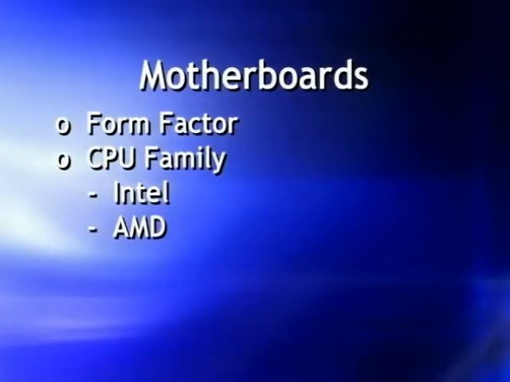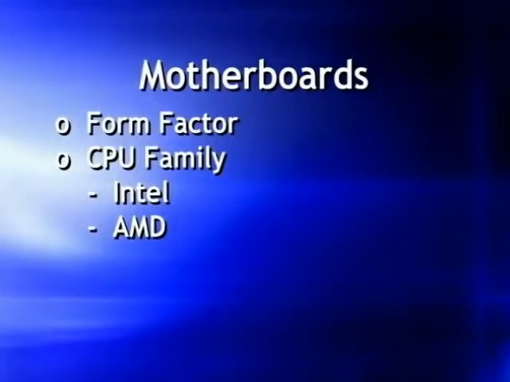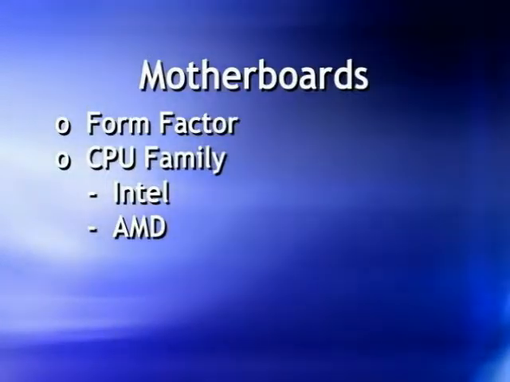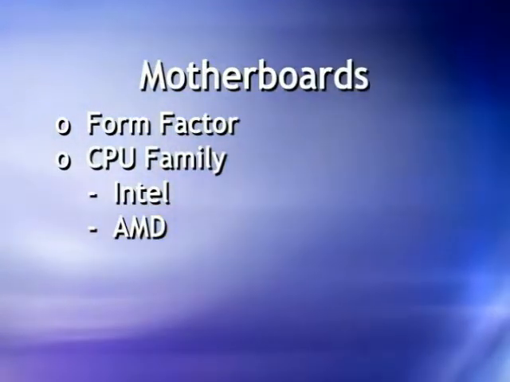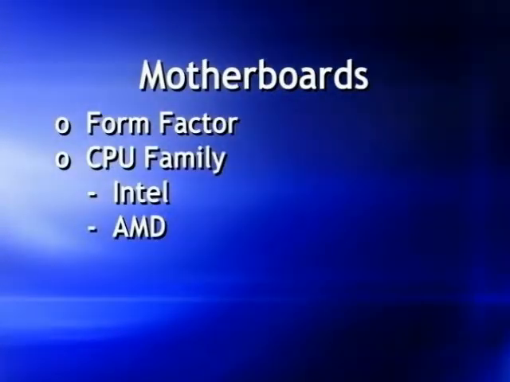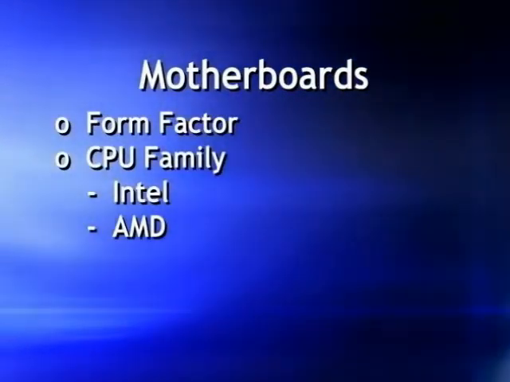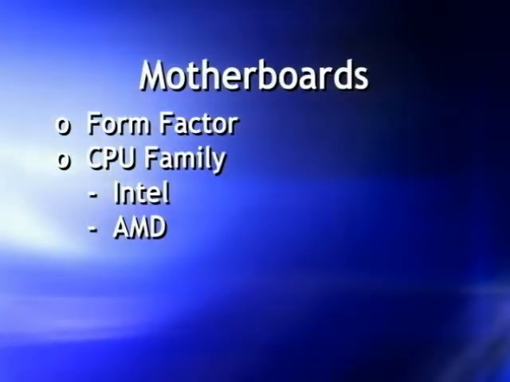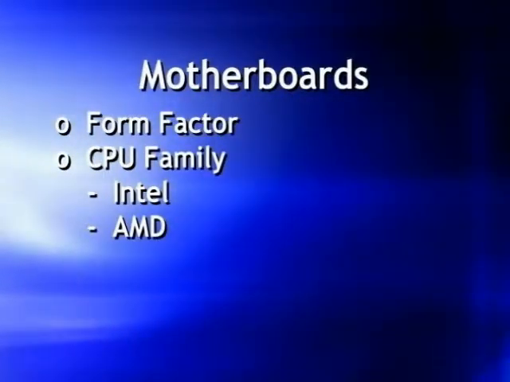AMD sells really fast, really nice CPUs, generally at a lower cost with similar performance level as opposed to Intel. The issue here is that if you choose an AMD CPU, then your motherboard must be designed to support an AMD CPU. If you choose Intel, then the motherboard has to be designed to support an Intel CPU.